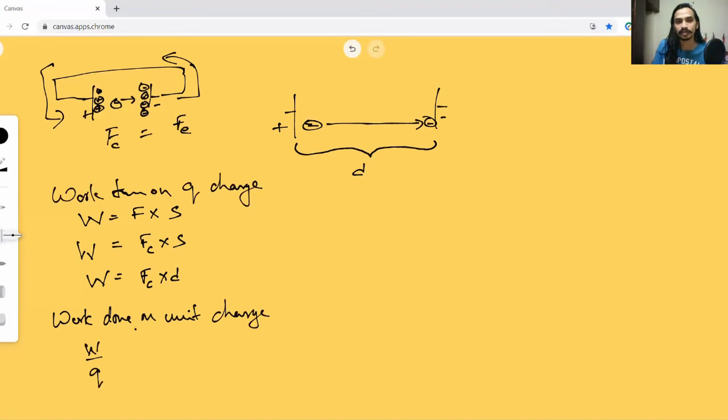So the work done per unit charge comes out as Fc into D divided by Q.